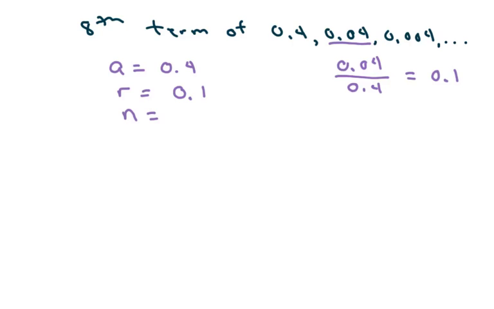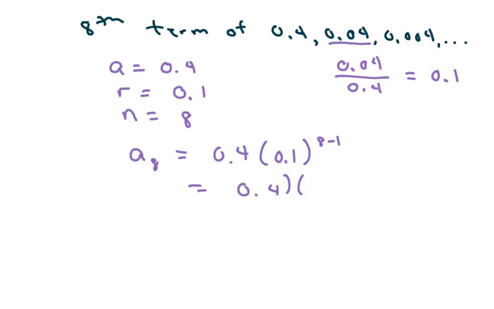Our n is 8, and so you just write out the formula, which is a sub 8 equals 0.4 times 0.1 to the 8 minus 1, which equals 0.4 times 0.1 to the 7th.